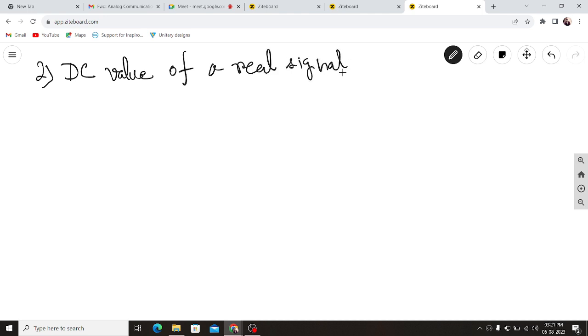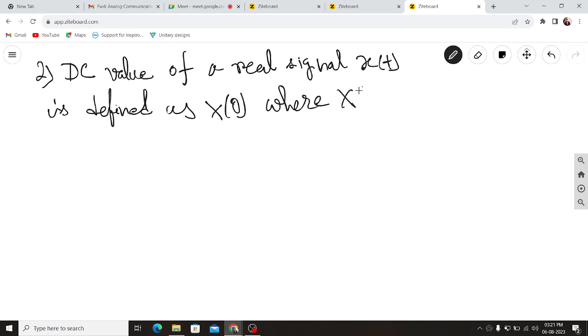Let me write the question once again. The DC value of a real signal x(t) is defined as X of 0, where X of f is the Fourier transform between these two.